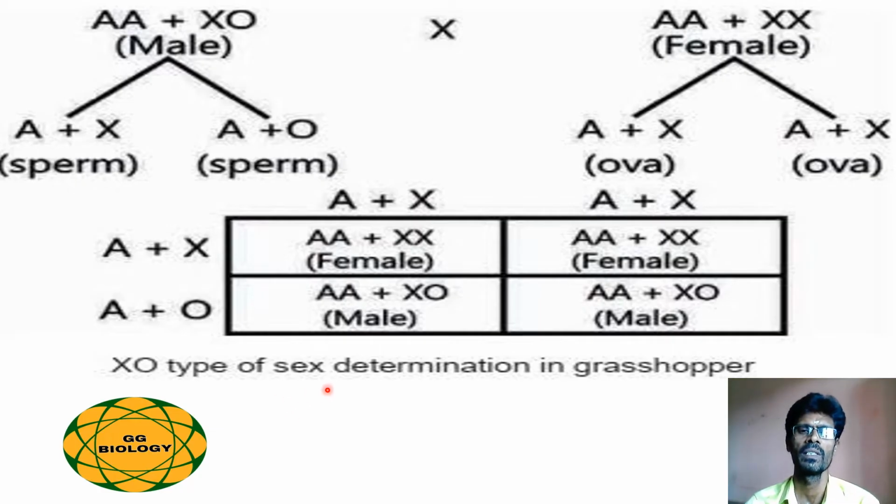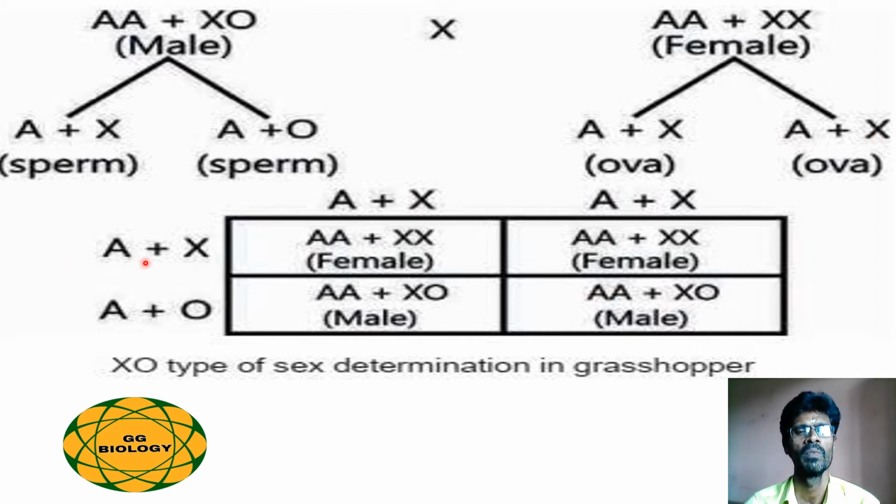In this picture, the sex determination of the grasshopper is shown, where the males are heterogametic, having X and O, and females are homogametic, having X and X. Males produce two types of sperms, A plus X and A plus O, so they are called heterogametic males, whereas females produce only one type of egg, A plus X, so they are called homogametic females.